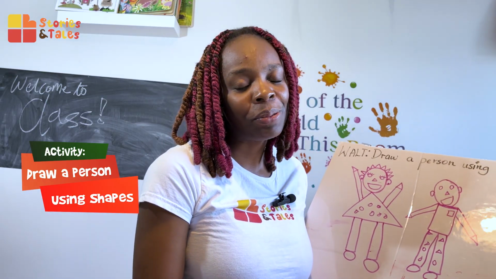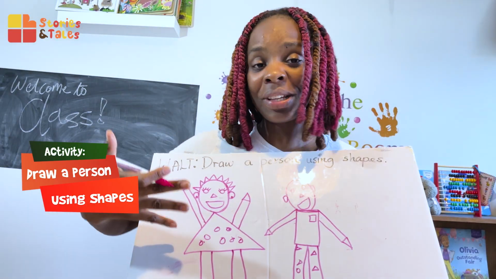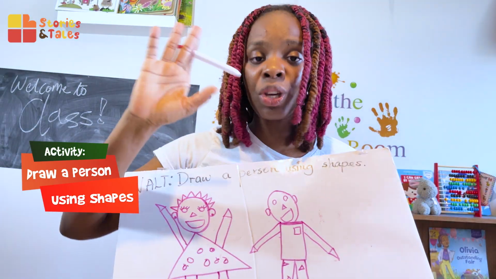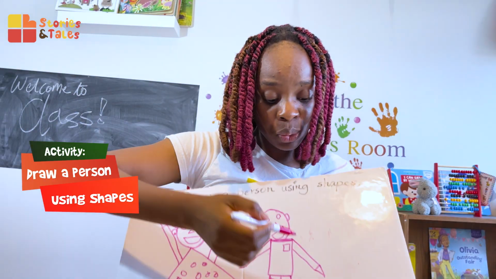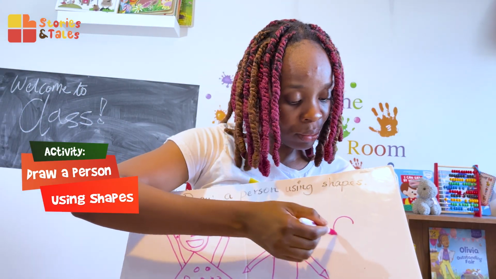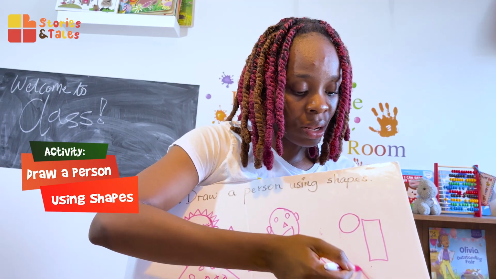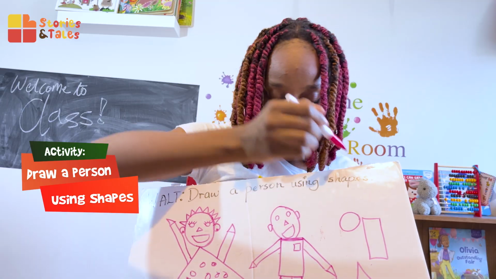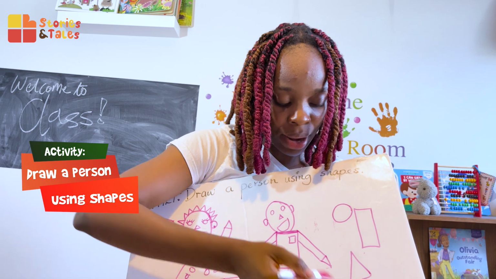Honestly, it's up to you, whatever you want to do. So yes, there you have it, my friends. We have a person, a girl and a boy, and we use only our shapes to draw them. What shapes did we use? We used the circle, we used the rectangle, we used the triangle. We also used a square right here in the pocket.